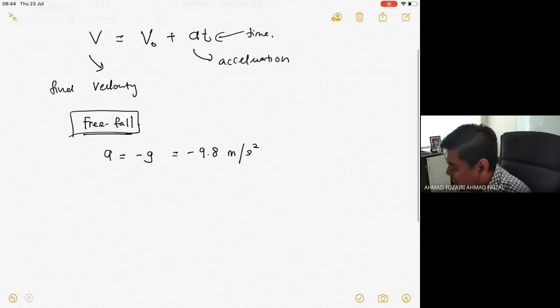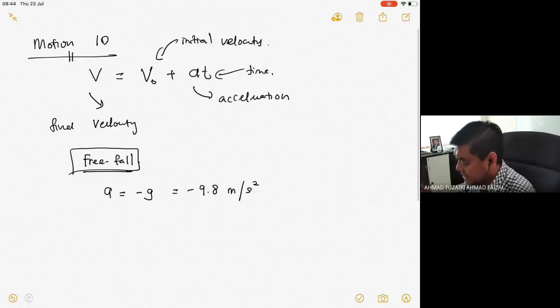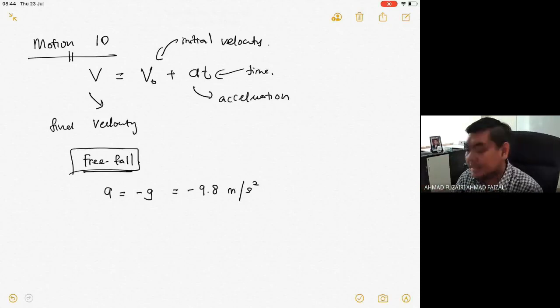So when you use the equations, remember to put a equals negative 9.8 meter per second square.